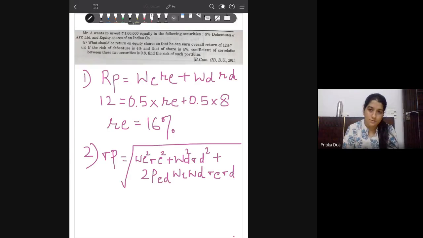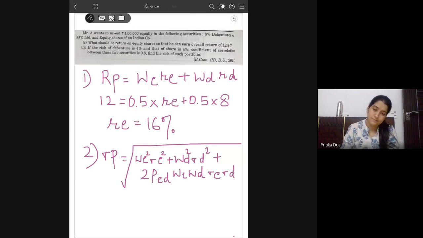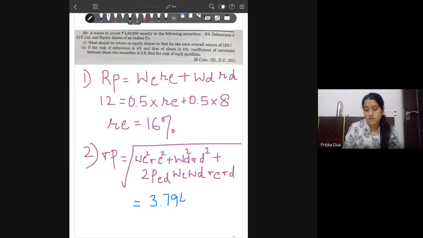Yes, so 3.8% or 3.794 or 3.8% approximately is the risk on the portfolio.